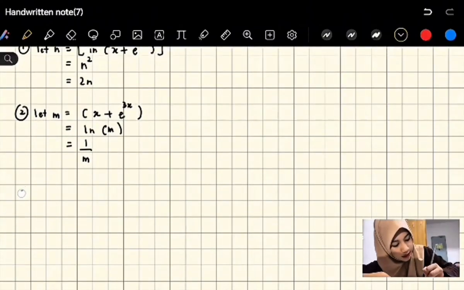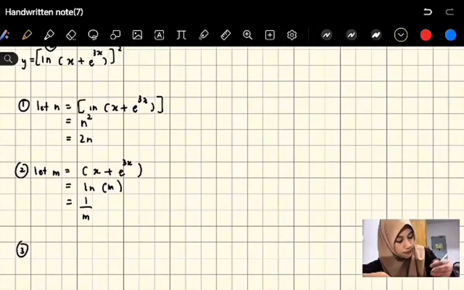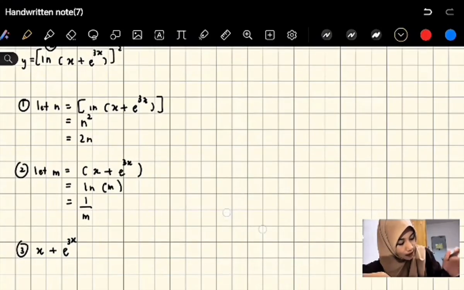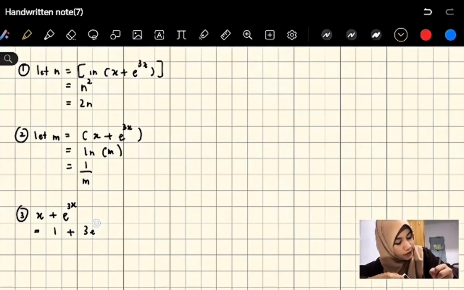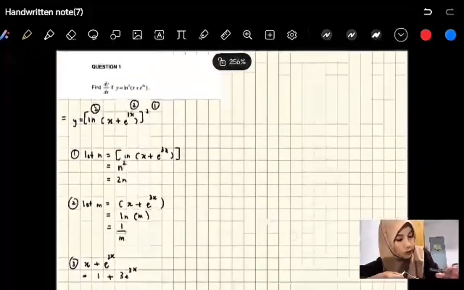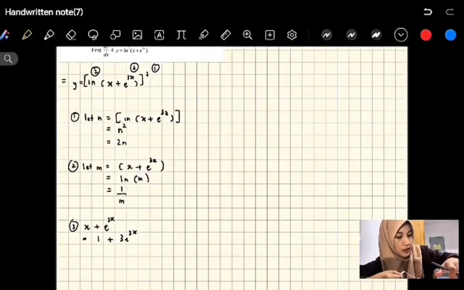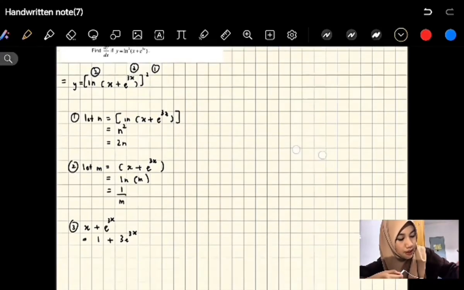The third step is to differentiate x plus e to the power of 3x. It will become 1 plus 3e to the power of 3x. Now we are going to combine all 3 steps to find dy per dx.